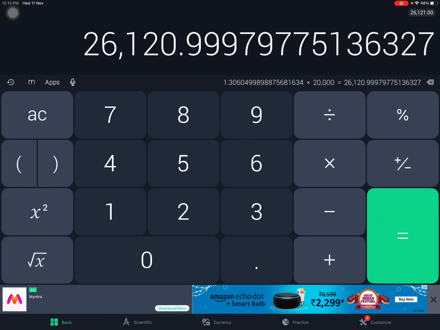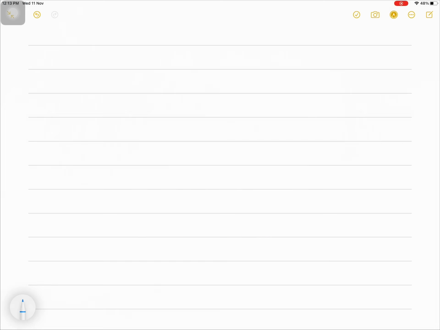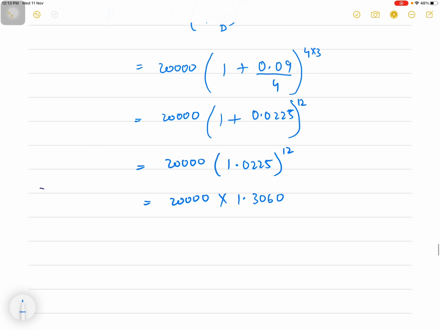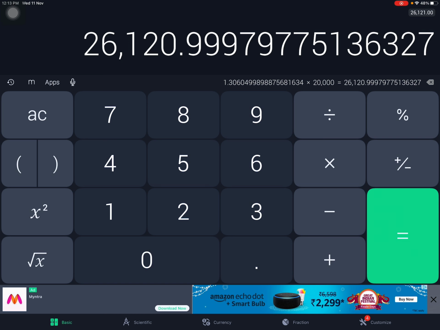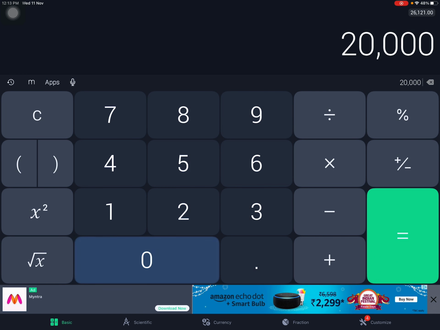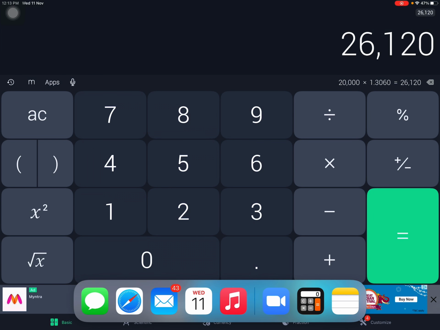26,120.99, or you can write 26,121. Because I have taken only 4 decimals, your answer will change a bit. 20,000 multiplied by 1.3060 comes to 26,120.